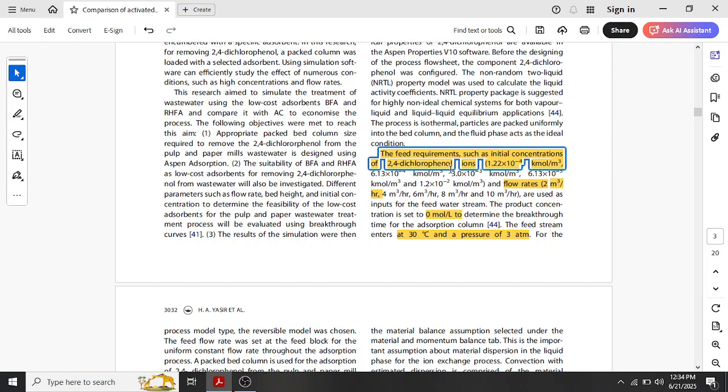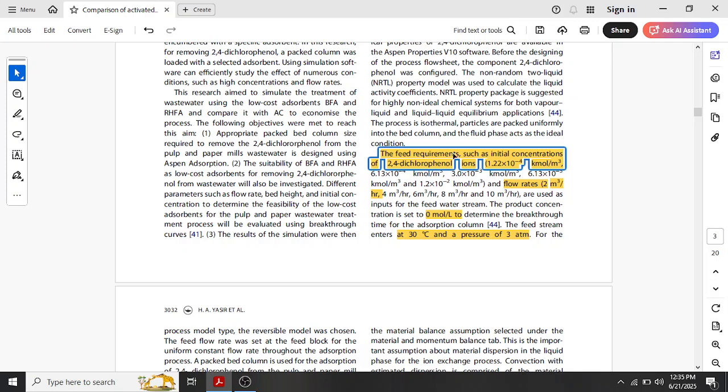The fixed bed column will consist of activated carbon, and such activated carbon particles will remove the 2,4-dichlorophenol from industrial wastewater, which usually consists of 2,4-dichlorophenol. And in the product flow rate, there will be no, or very little, 2,4-dichlorophenol.